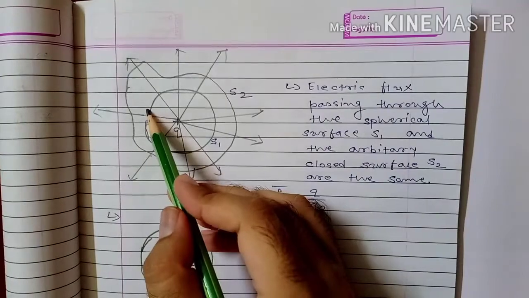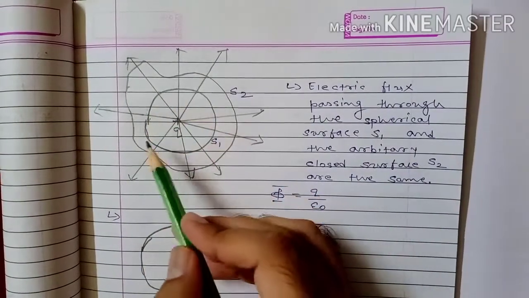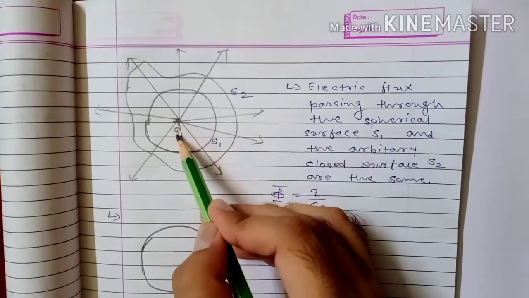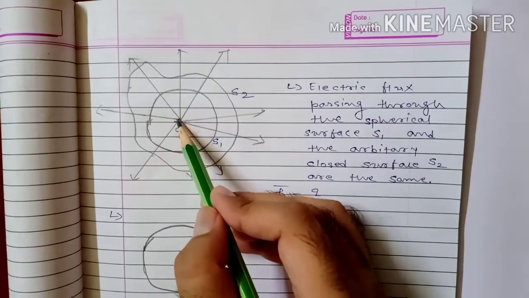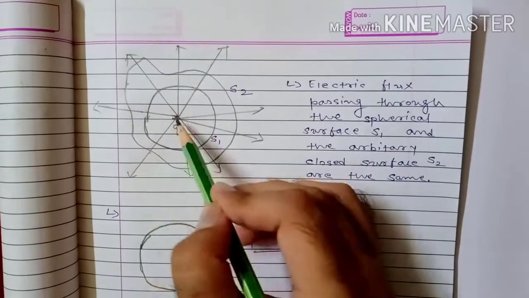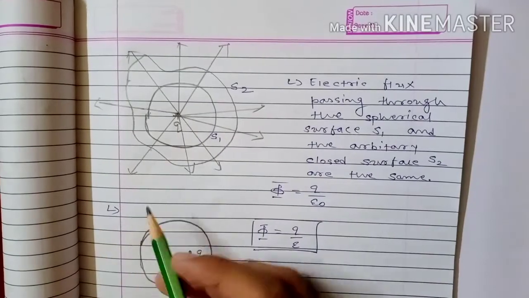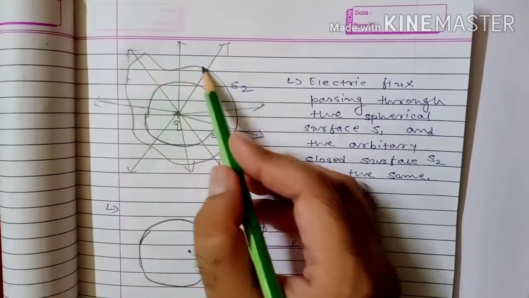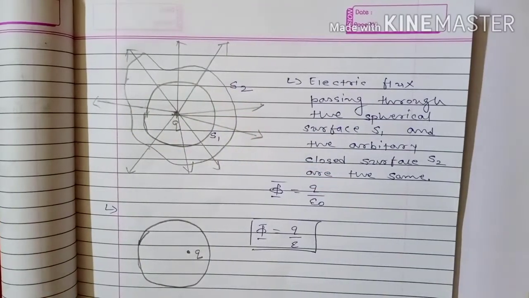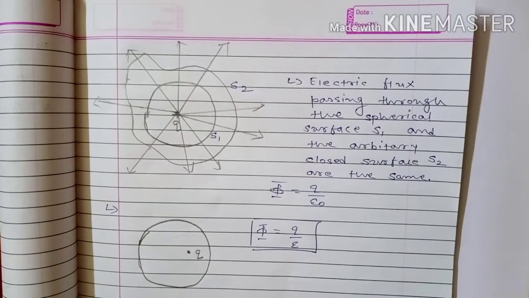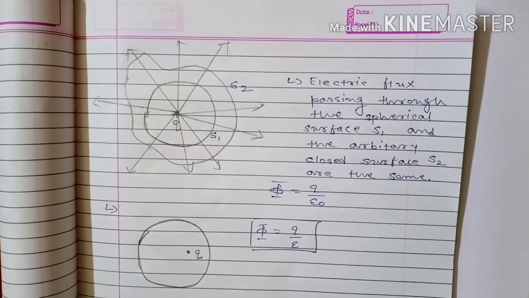Here it is not necessary that we have to take a sphere only. You can take any arbitrary surface also. And here I have placed a point charge plus q. Due to this plus q, electric field lines are radially outward, away from the charge. Whatever number of field lines are passing through the sphere, the same number of field lines are passing through this arbitrary surface. It means the number of field lines is the same, then electric flux must be the same, because I told you that electric flux is the measure of the number of field lines.